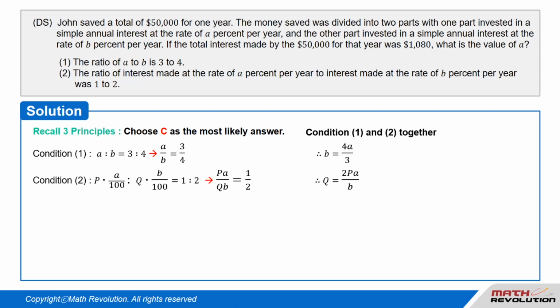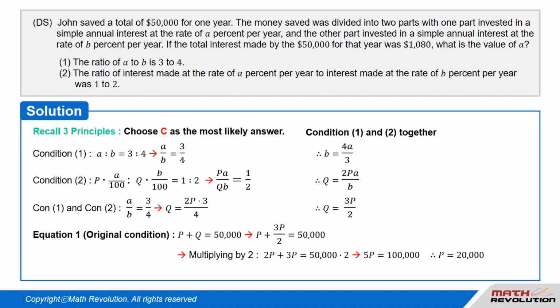This then can be arranged to get Q equals 2 times P times A over B. Substituting values from A over B equals 3 over 4, we get Q equals 2 times P times 3 over 4, or Q equals 3 times P over 2.